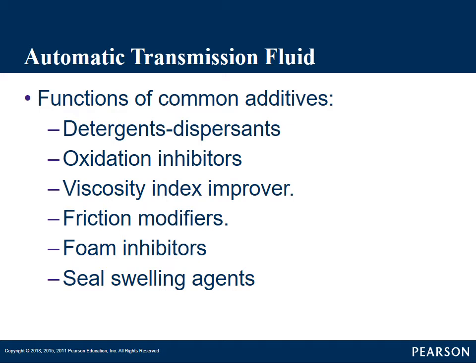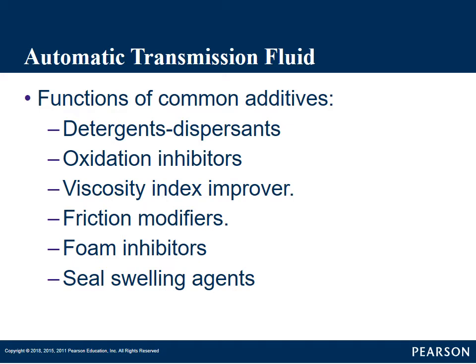We have friction modifiers. This changes the coefficient of friction in our transmission. This is important because when we get into our multi-disc clutch packs, when we start talking about our lockup torque converters, they have friction material on them. The design of that friction material and how they apply the clutches, how they apply the bands, varies from vehicle to vehicle.